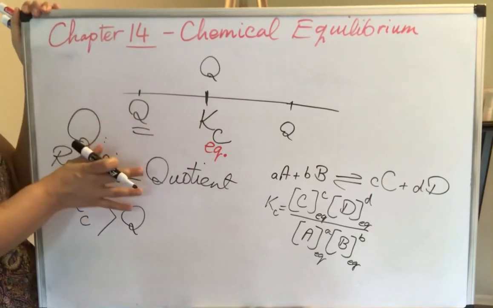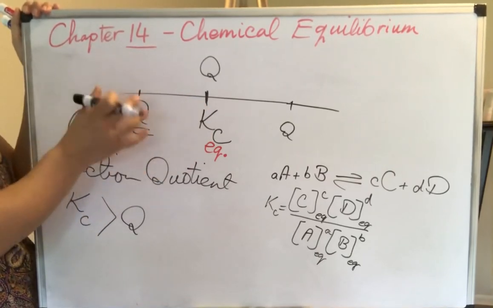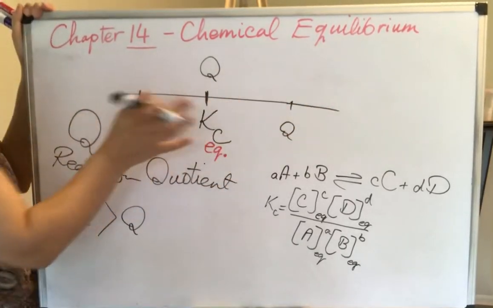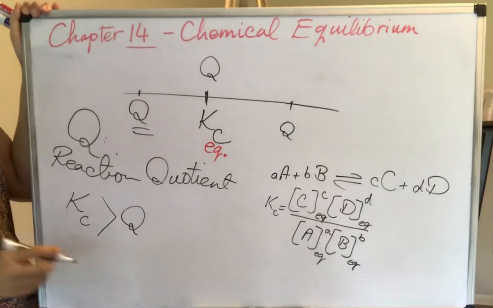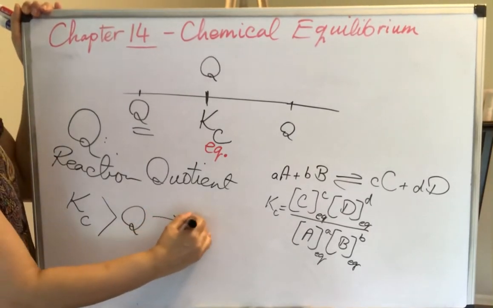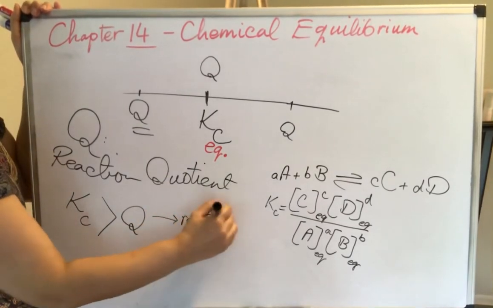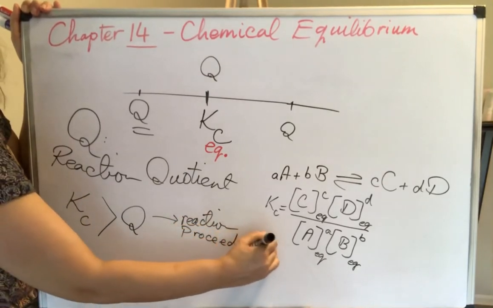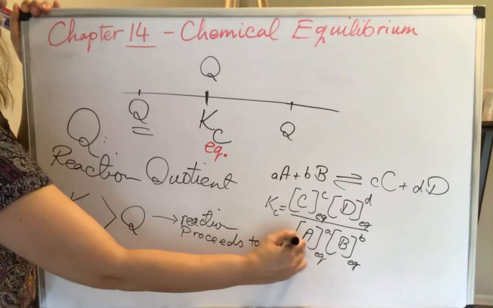So what happens when the system hasn't reached equilibrium yet? It has to proceed to go more towards products, right? So the reaction proceeds to the right, because it still has to form more products.